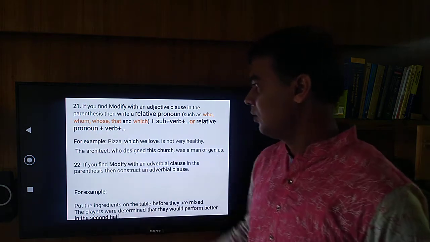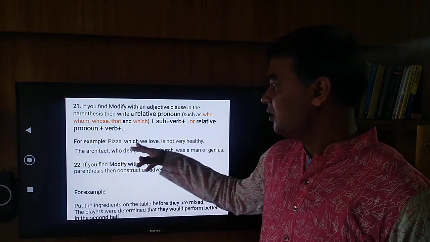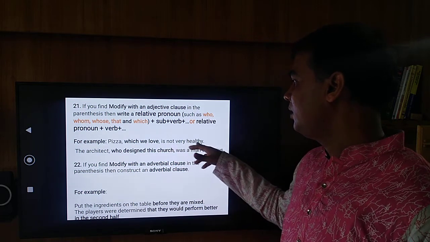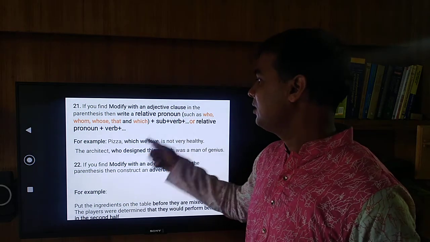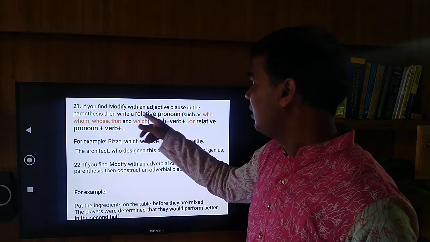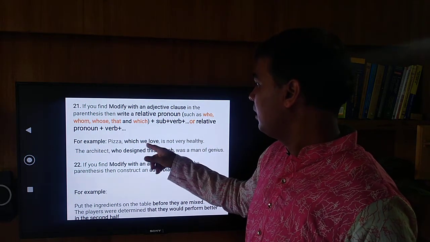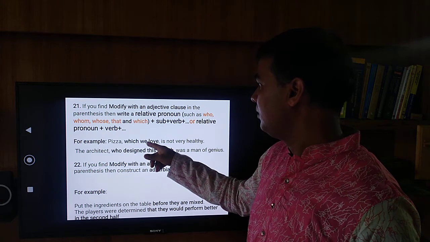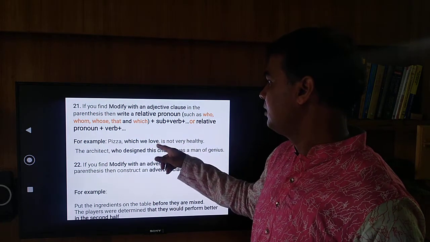For example, pizza which we love is not very healthy. Here you see which, this is a relative pronoun, and then subject we, and then verb love.